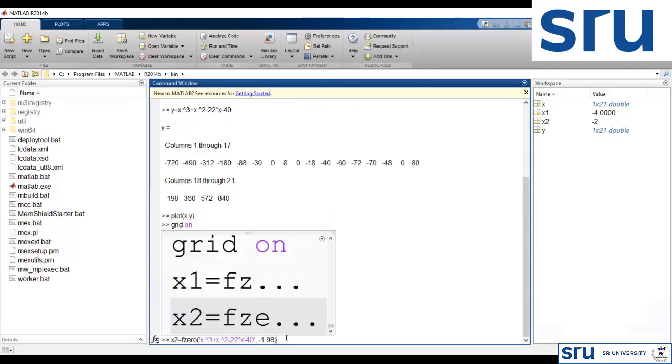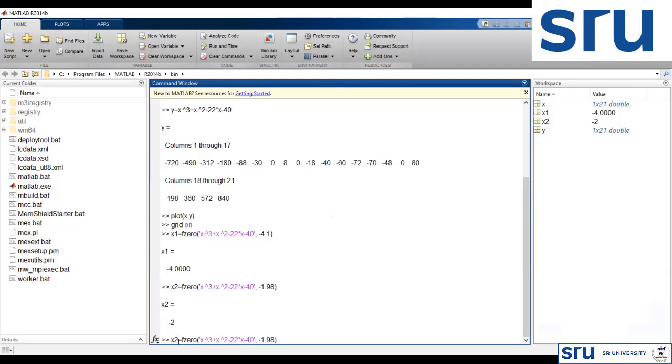Similarly, for the third root I have to take x3. Using the page up arrow you can access the previous commands you have already entered in the command window.